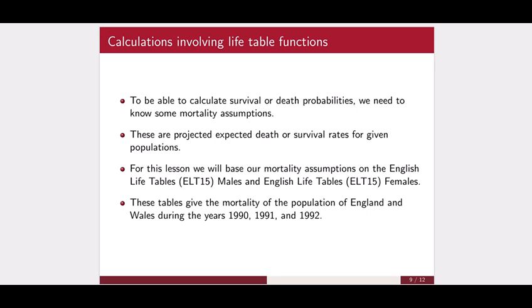These are also referred to as the ELT number 15 of the mortality tables. These tables give the mortalities for the population of England and Wales during the 90s. These life tables are also used worldwide for the actuarial professional examinations.